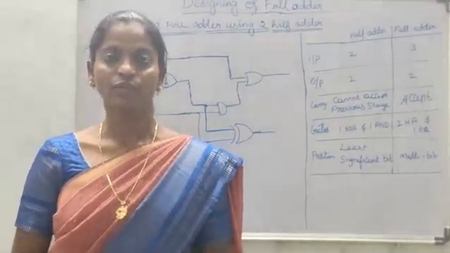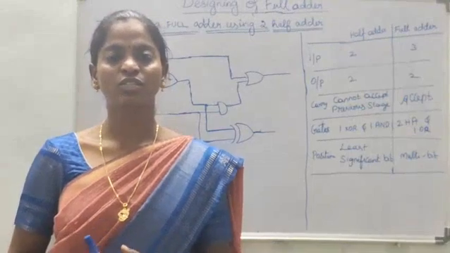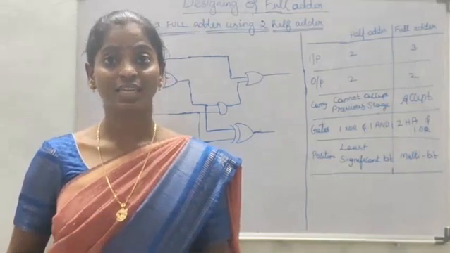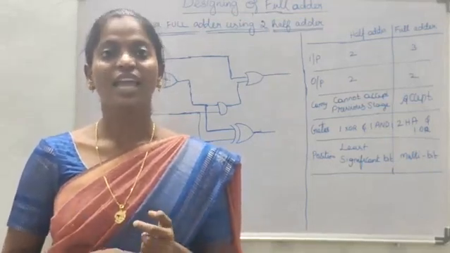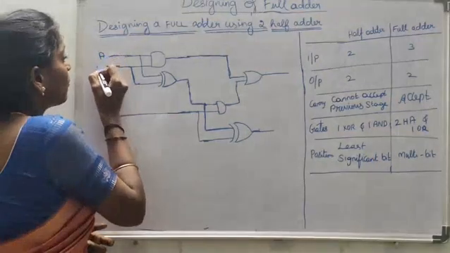Next, design a full adder using 2 half adders. A full adder can be designed using 2 half adders and 1 OR gate. Let us understand the design step by step. First, A and B are given as inputs to the first half adder.